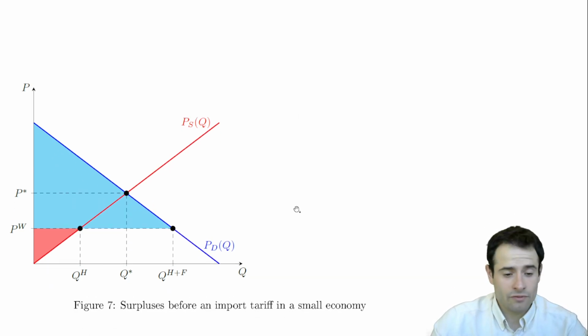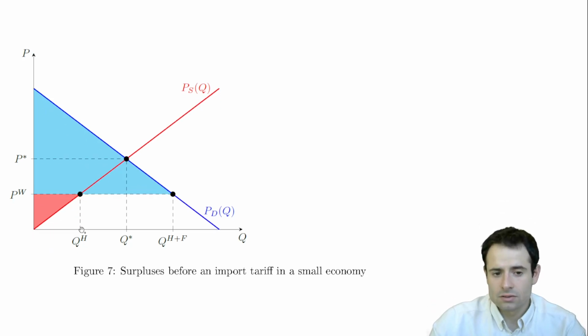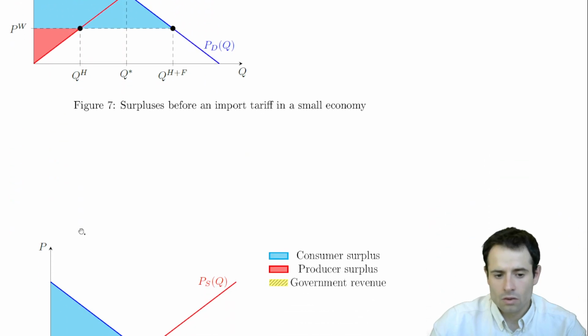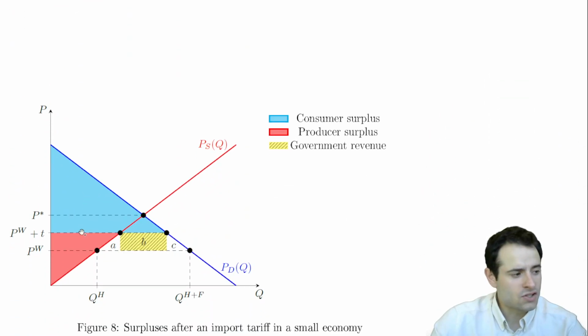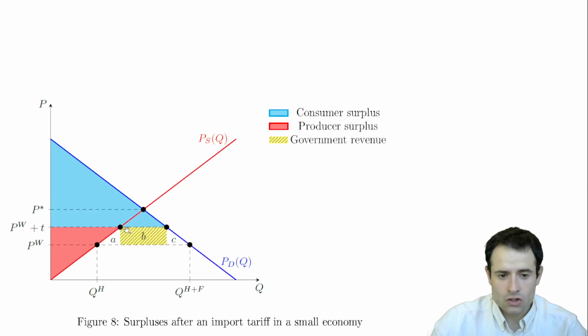Before the import tariff, the surpluses are as follows. Consumers enjoy this big surplus. Producers enjoy this much surplus. This is all they sell. Now, with a tax, the price goes to PW plus T. So consumer surplus is reduced.